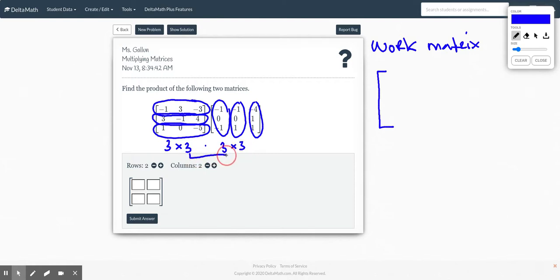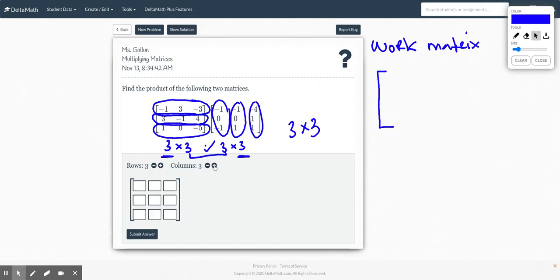If you recall, hopefully, the 2 in the middle have to match. Yay! And therefore, the outside ones, the rows of the first one, because I'm multiplying rows by columns, and the columns of the second one become the dimensions, the order of my final matrix. So it's 3 by 3. So let's go ahead and do that. 3 by 3. And then I just have to figure out what goes in each cell.